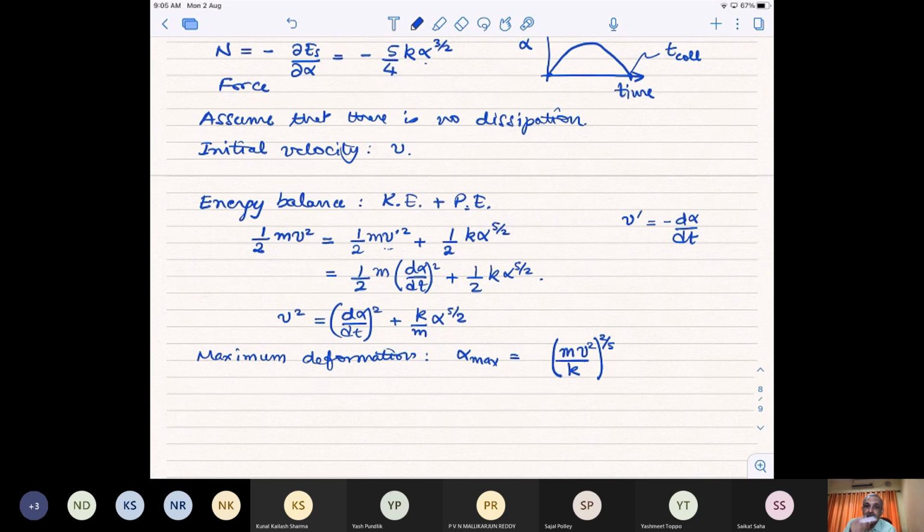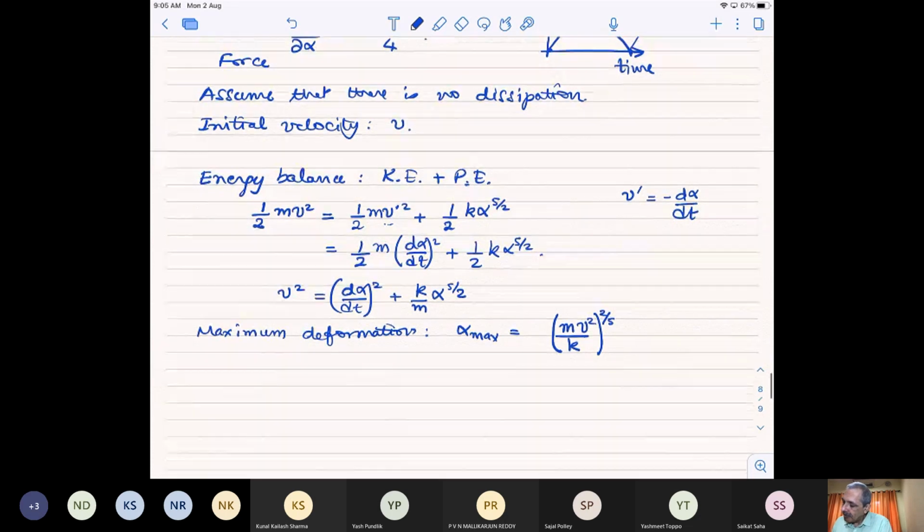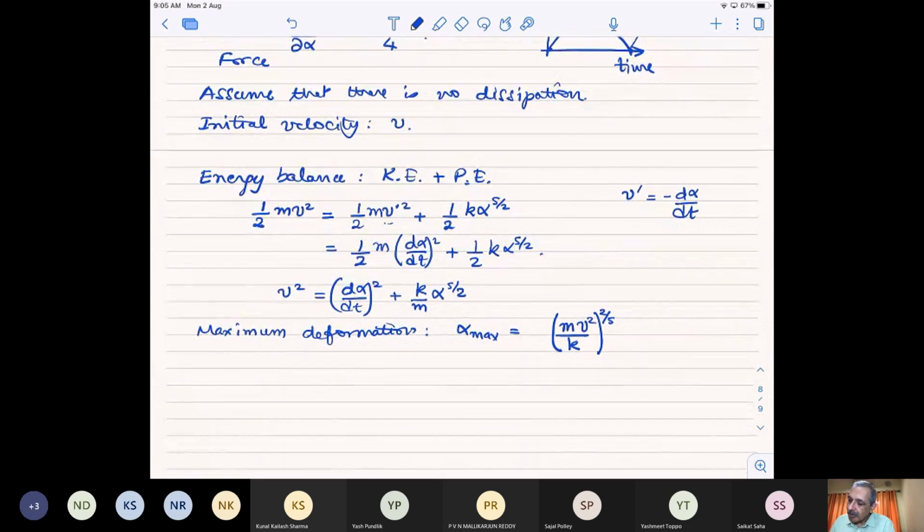Now we work, as I said, with quite stiff materials, like let's say steel or glass or something like this. So the deformation is usually quite small. And this is one nice way of calculating in any system what the deformation will be, given your typical velocity, the mass, and so forth.